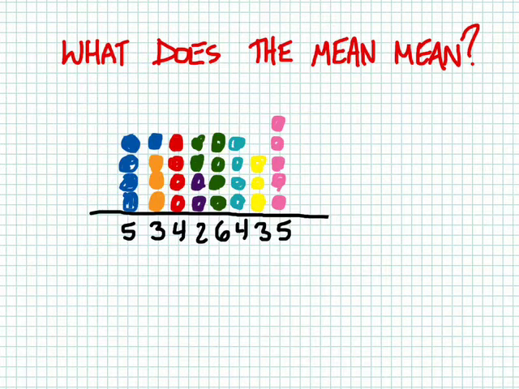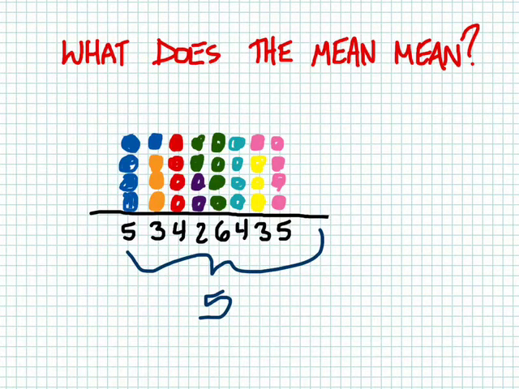And then we take this pink dot here and we move it over and put it on this yellow pile. What we can see here is that by redistributing these dots, instead of having a lot of columns that have different numbers of dots in them, now every column just has 5.